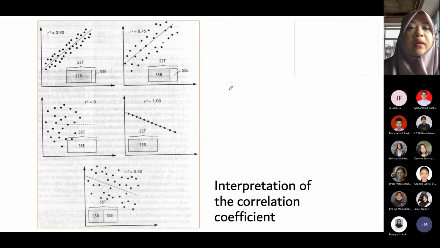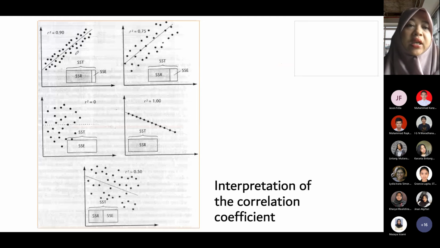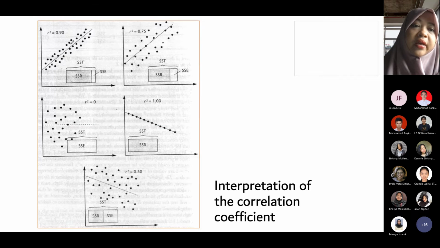This is also the interpretation of correlation. This is 0.9, showing the quality of the interpretation of the coefficient. This is the sum of square of residual, and this is the sum of square of error, with the numbers as usual. This one is 0.75, for example, where the sum of square total is based on the residual and also on the error.